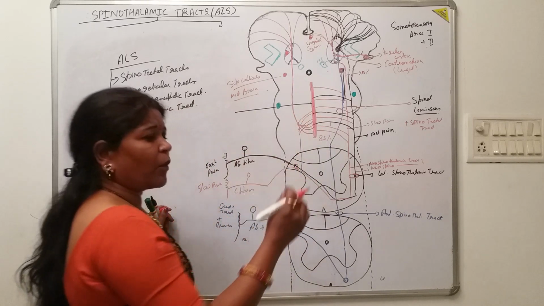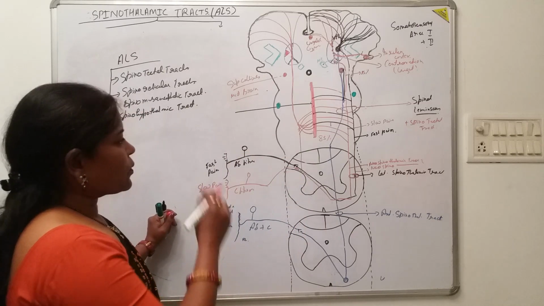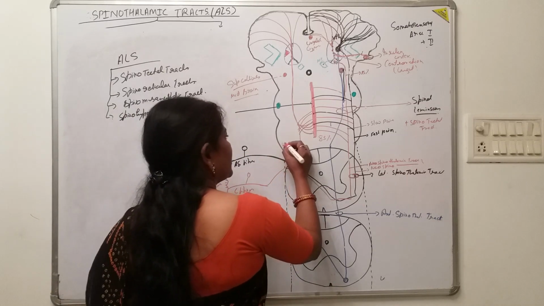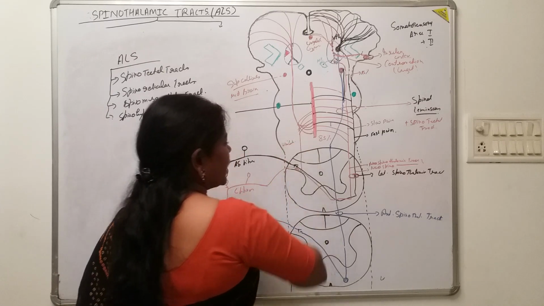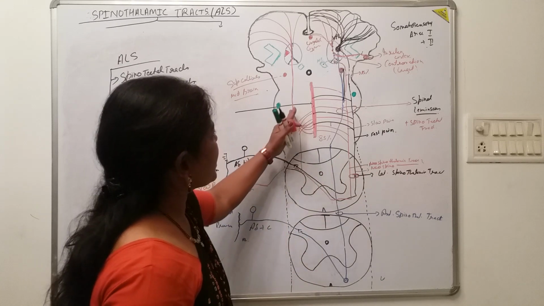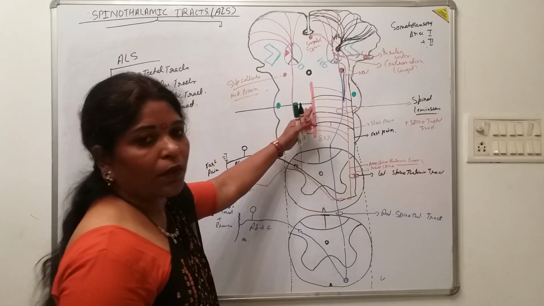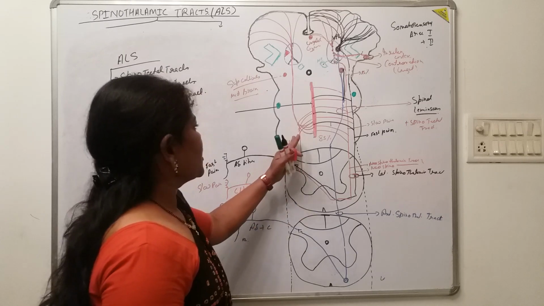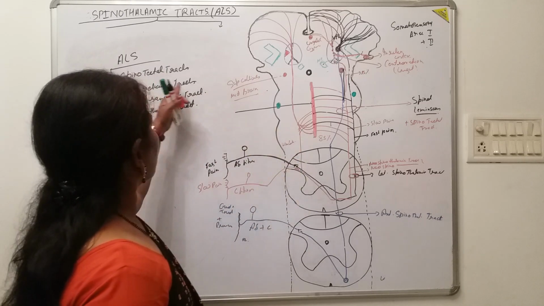A very small amount of fibers, known as the spinoreticular fibers, is unilateral. It is not going contralaterally, it remains ipsilateral and terminates in the reticular formation. These are the fibers conducting slow pain. So this is the spinoreticular tract.